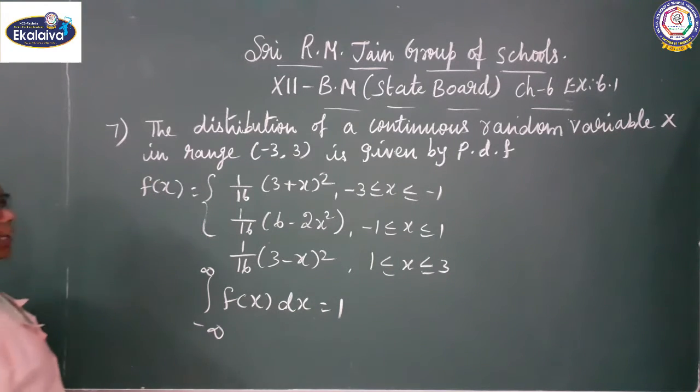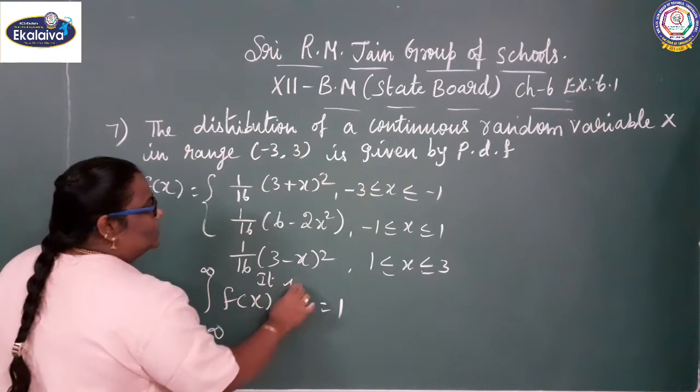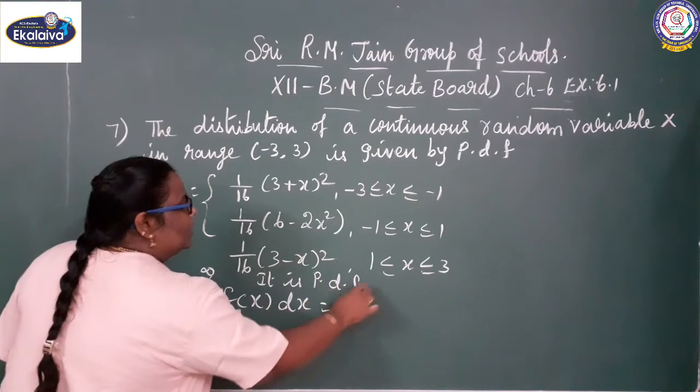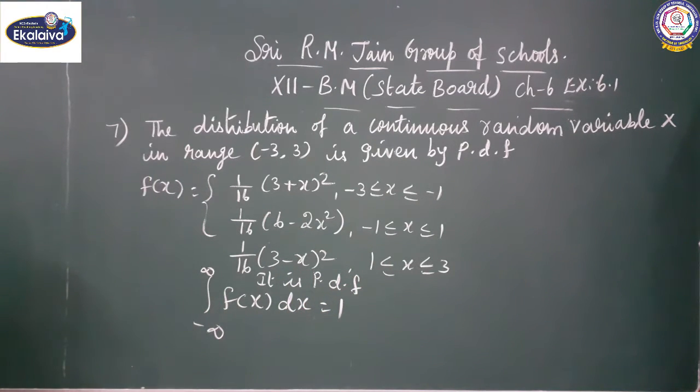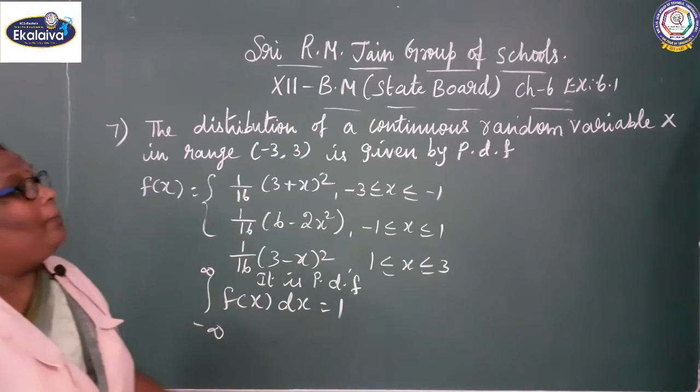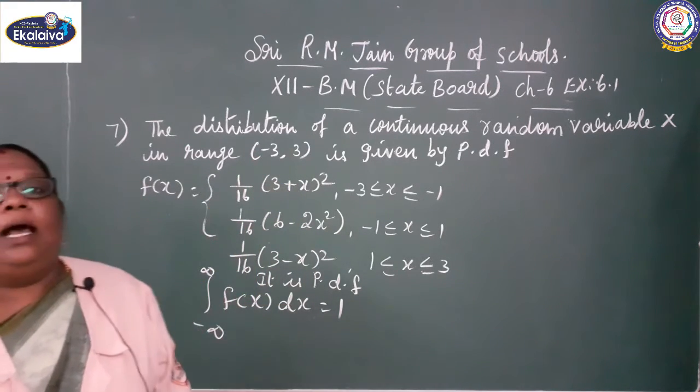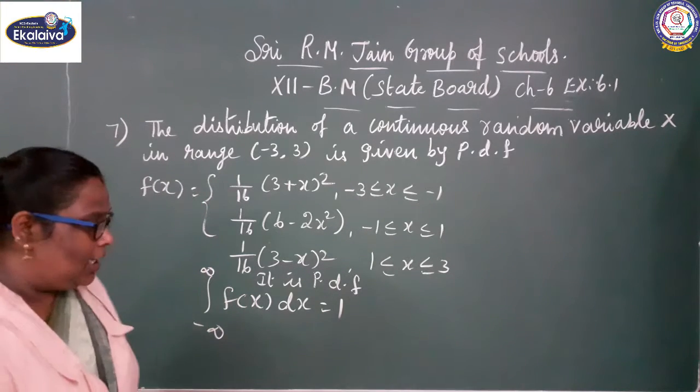If it is a probability density function, integral minus infinity to infinity f of x dx equal to 1, but the range they have given as minus 3 to 3.